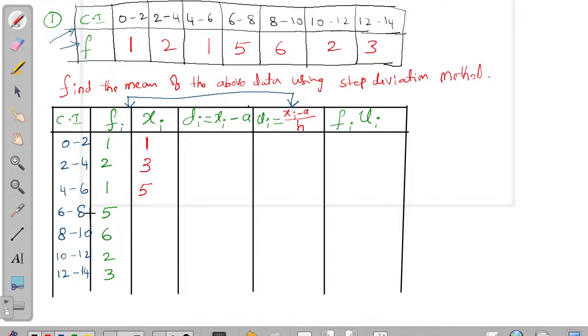Then 5, 7, 9, 11, 13. These are the mid values. Up to this column we prepared the same table. That's why I am writing these values. Now you have to find di is equal to xi minus a.